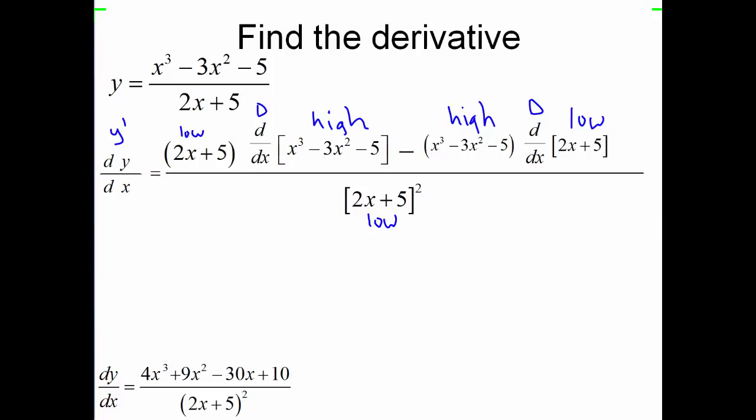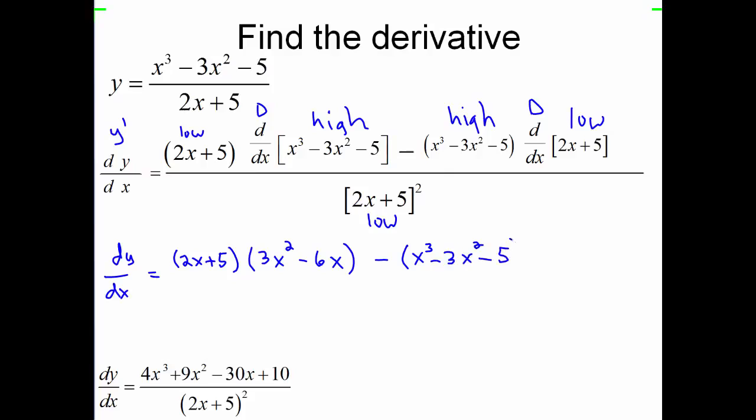So we have dy over dx is equal to, so we've got the low function, 2x plus 5. We're going to take the derivative of this, so that's going to give us 3x squared minus 6x minus the high function, which is x to the third minus 3x squared minus 5, and the derivative of the low function, which is just going to be 2.